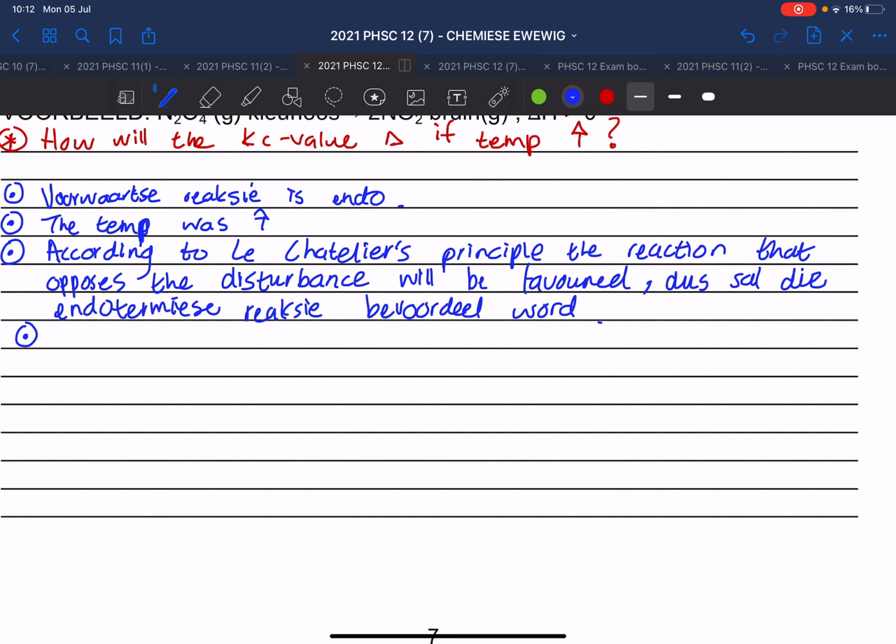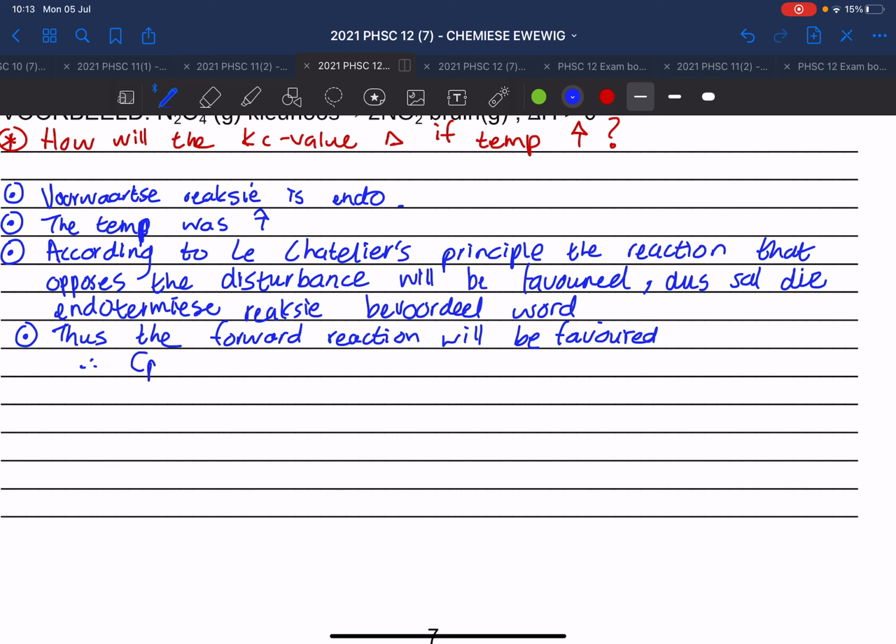Watter een is die endothermiese reaksie? Die voorwaartse reaksie. So jy sê dit. Dit klink asof jy dieselfde ding oor en oor sê, but you say thus the forward reaction will be favored. Wat beteken dit?